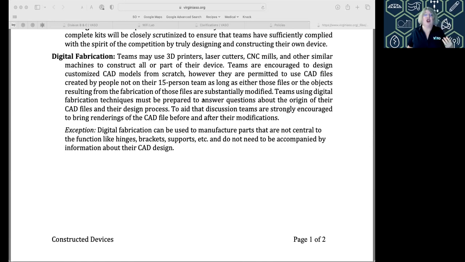They're welcome to show us a before and after rendering in their log. When they fill out their log, they should be thinking about the question: what did I do with this? I'm going to show what I did with this and how I altered it. So again, it's the same basic idea for 3D printing.